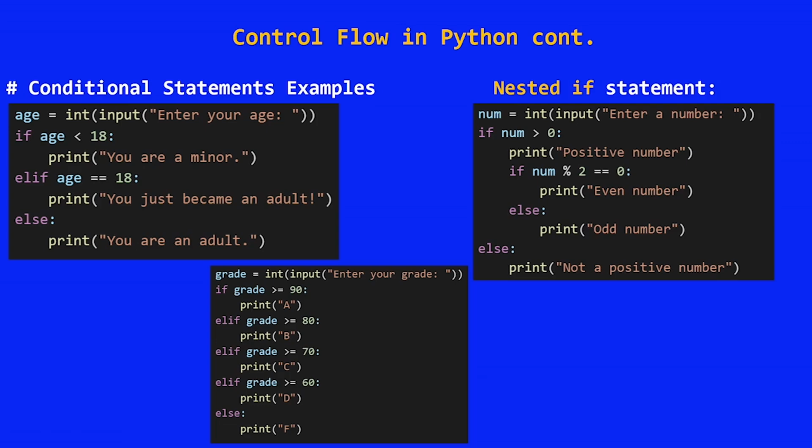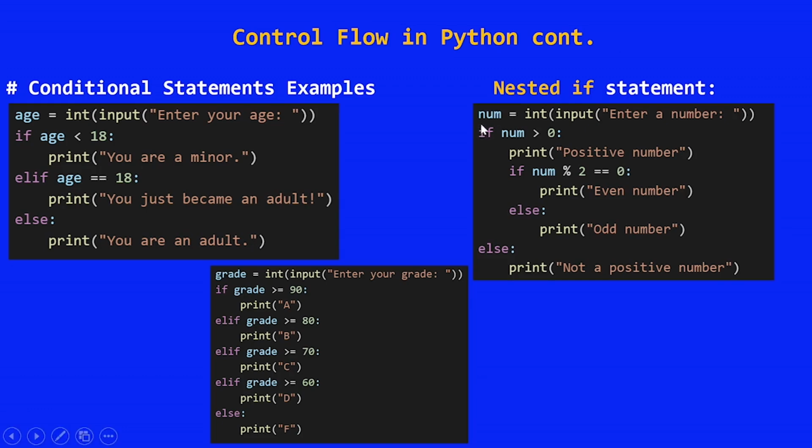Now we can also look at a nested if statement. Nested means that you have an if statement within an if statement, so you are nesting them, or chaining them. For example, num is equal to, so we are taking the num from the user.